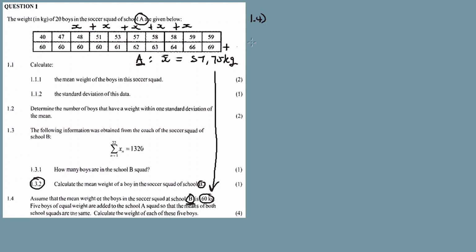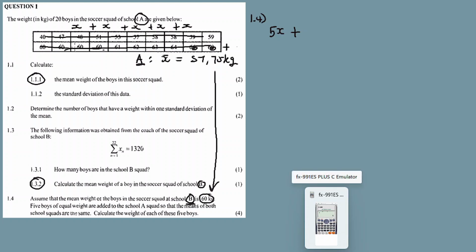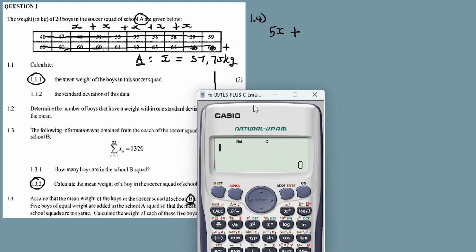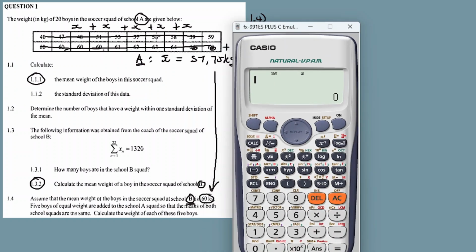Since I want the weight of the new boys, it's actually 5x, plus the weights of the 20 boys in school A. In 1.1.1 we didn't add manually, we used the calculator, so we didn't get the total value above. So I must go back to the calculator to find the sum of all these values.